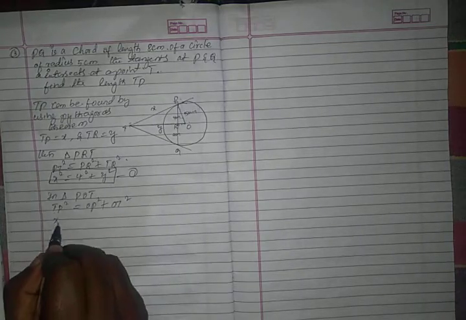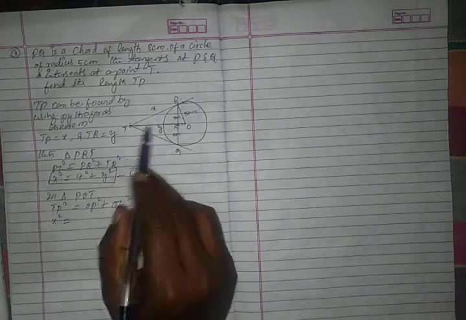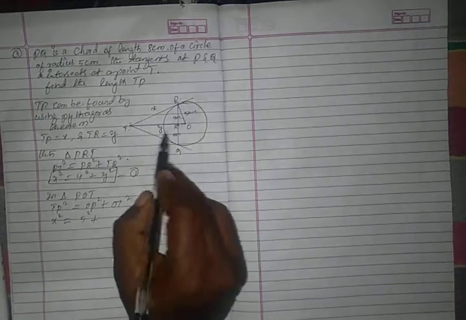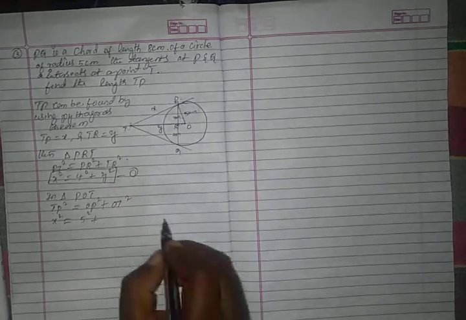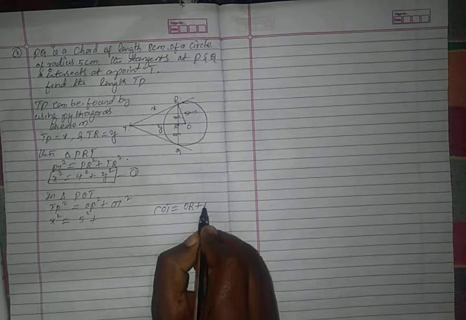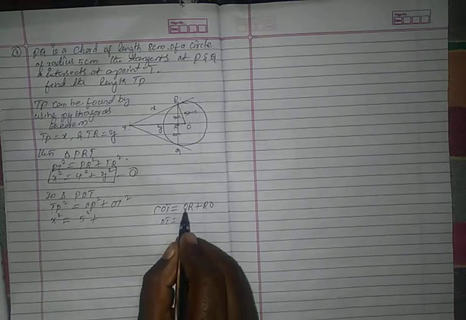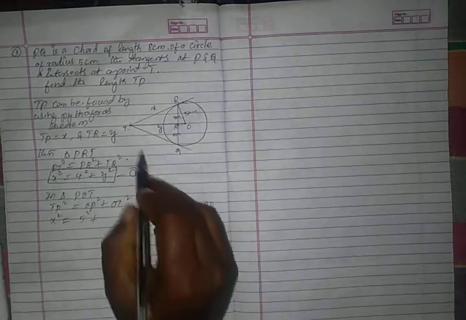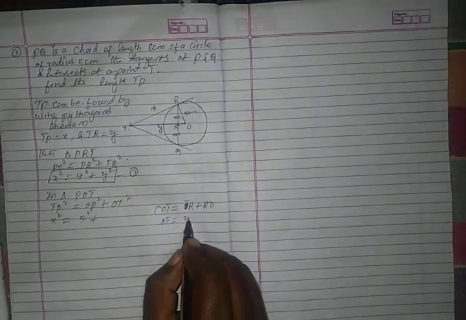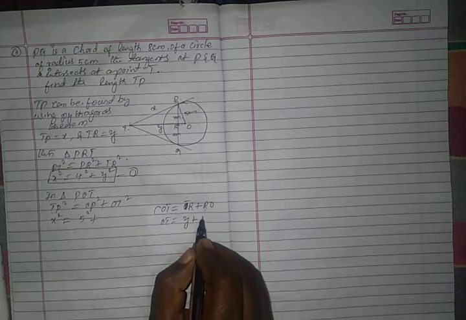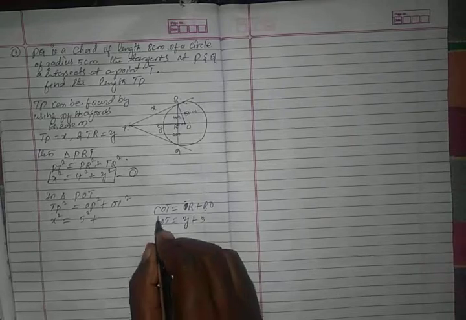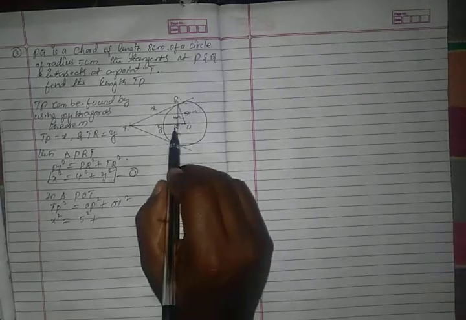Here TP is x squared, and OP is 5 square plus OT. OT is TR plus RO, so OT is y plus 3.